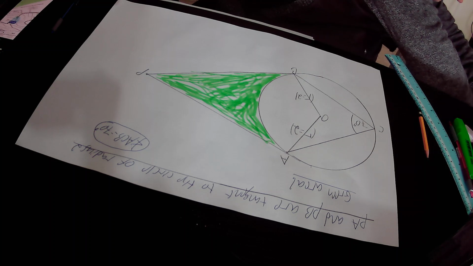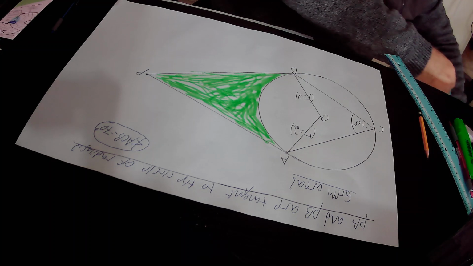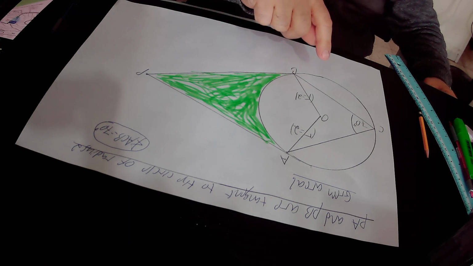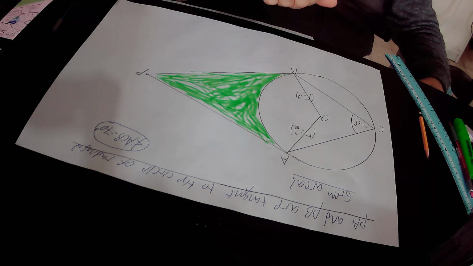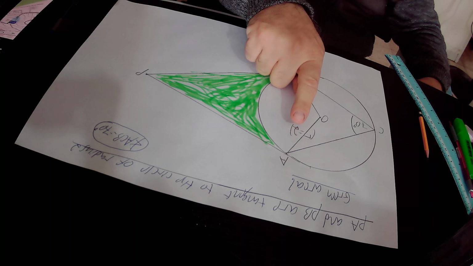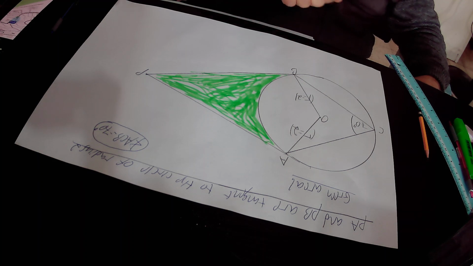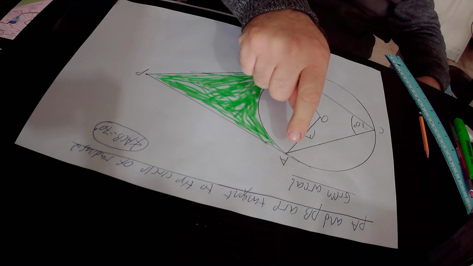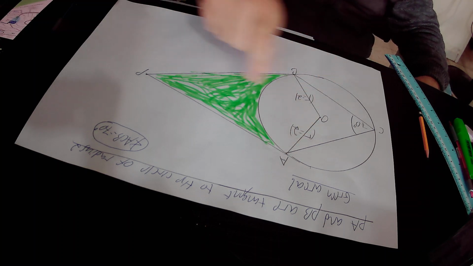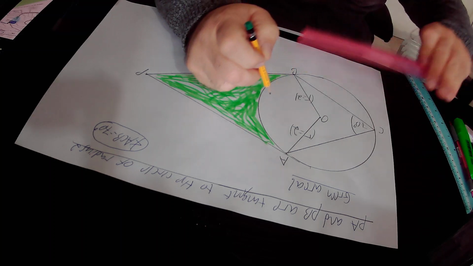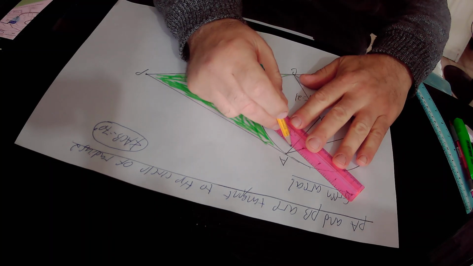So we can implement rule 1 in our drawing. Why? Because in our drawing we have the radius OA that is drawn to point A, the point of tangency of tangent PA with this circle. And whenever you have a radius drawn to the point of tangency, then tangent PA will be perpendicular to the radius AO. If PA is perpendicular to AO, it means that this angle equals 90 degrees.